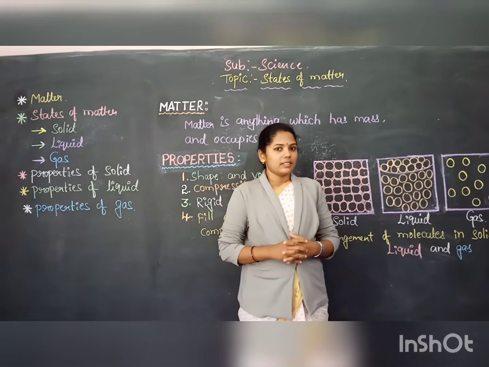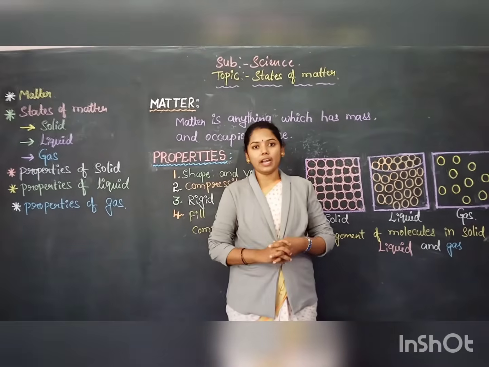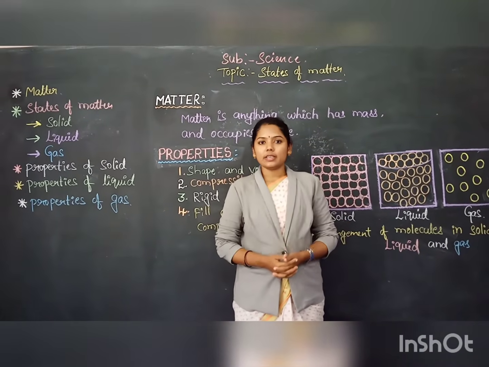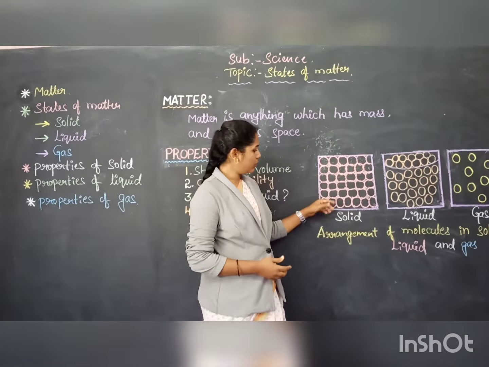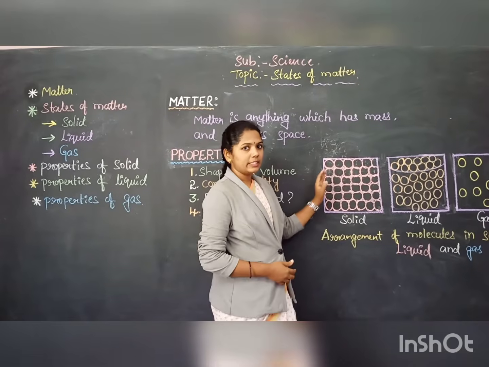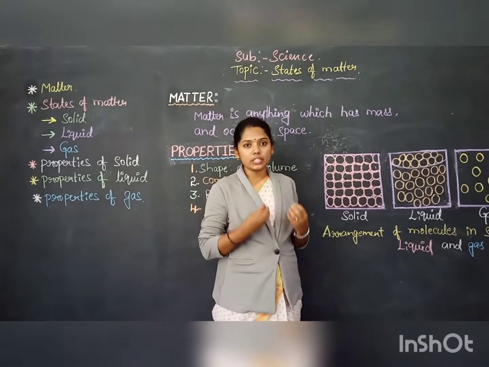Now, let us see the arrangement of molecules in solid, liquid and gas. How the molecules are arranged in every state of matter. First, we learn about solid. As you can see here, in the solid, the molecules or particles are arranged very tightly without any space.